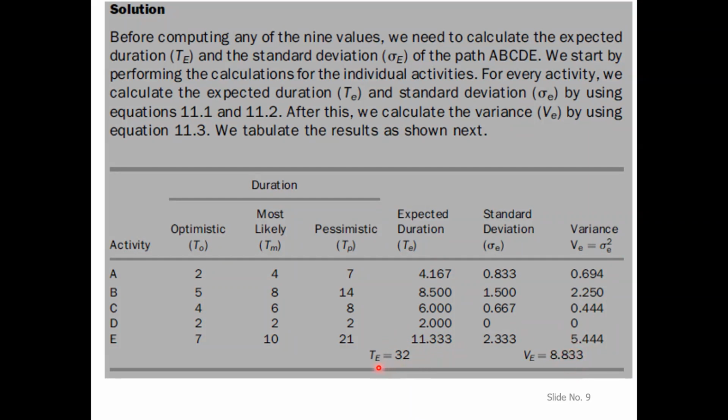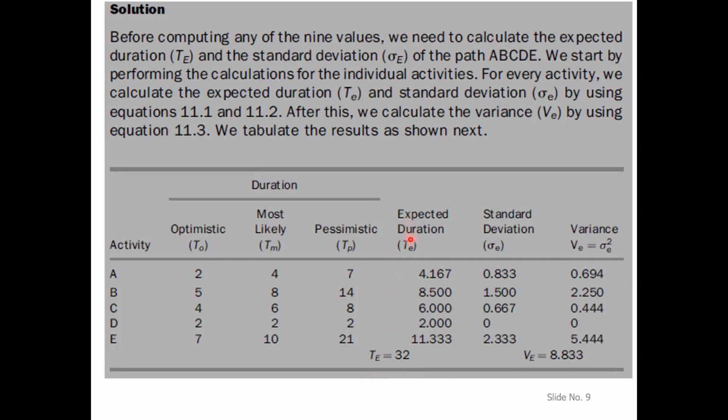Now remember that this T small e and T capital E are two different terms. T small e is the expected duration for the activity, whereas T capital E is the expected duration for the project.